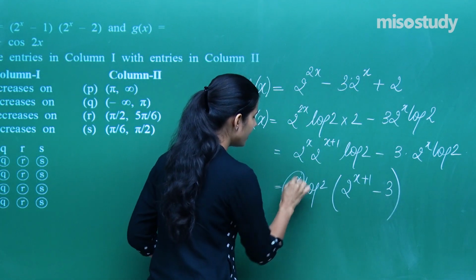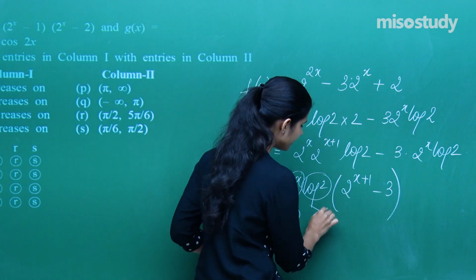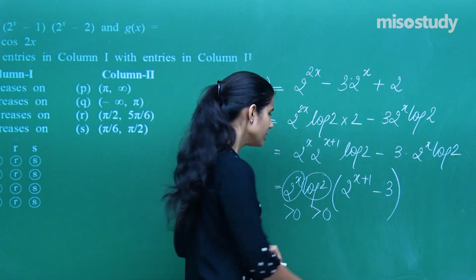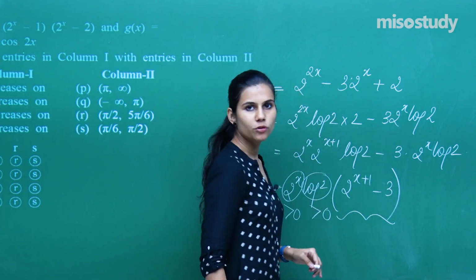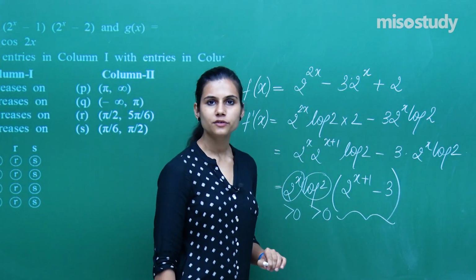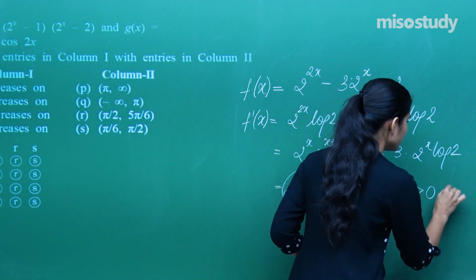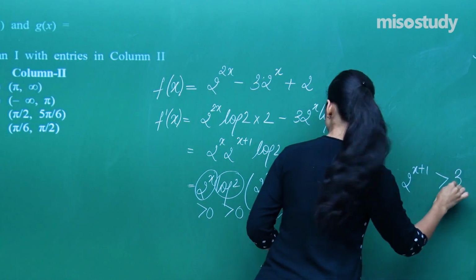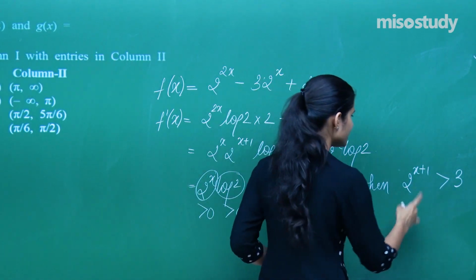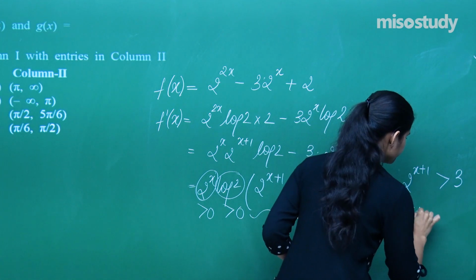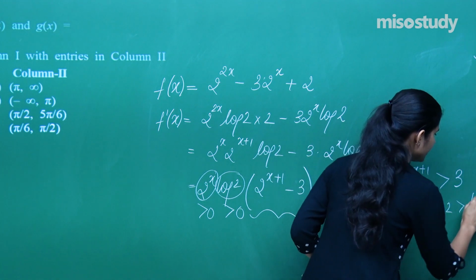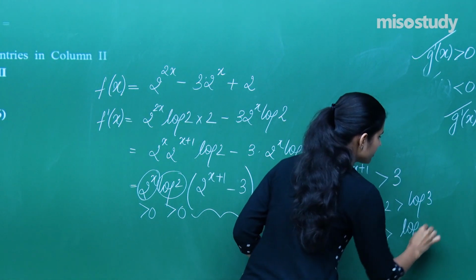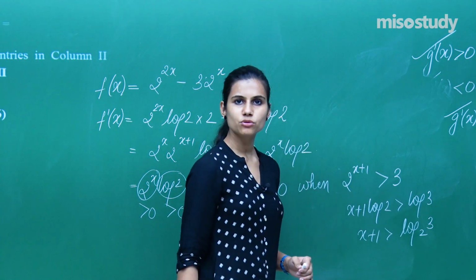You know that 2 to the power x is always positive, greater than 0. Yes, 2 to the power x is greater than 0, log 2 is always greater than 0. The moment this comes out to be greater than 0, I am going to get f dash x to be positive. So this is greater than 0 when 2 to the power x plus 1 is greater than 3, or I can say (x plus 1) log 2 is greater than log 3, or x plus 1 is greater than log 3 by log 2, or log 3 to the base 2.